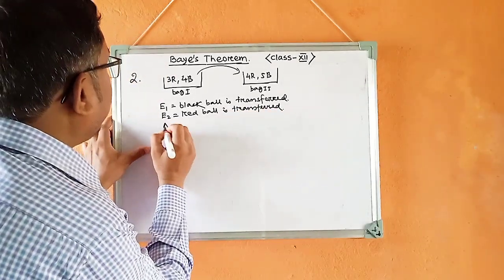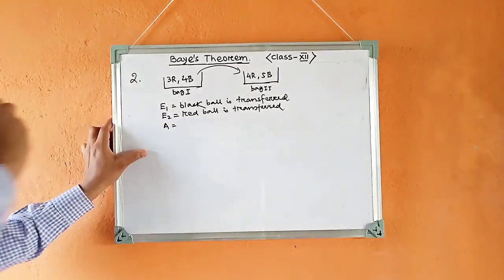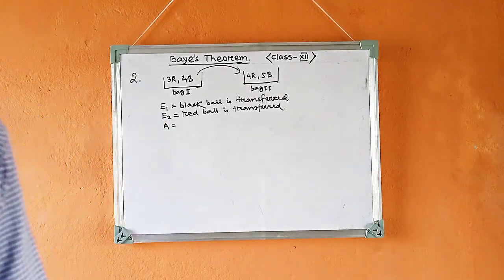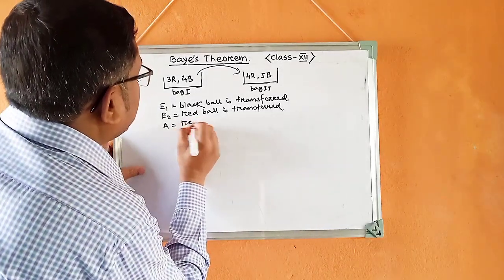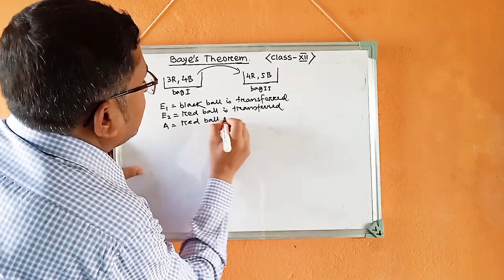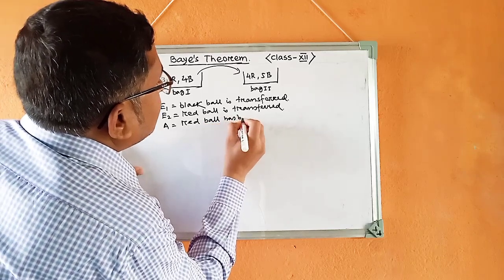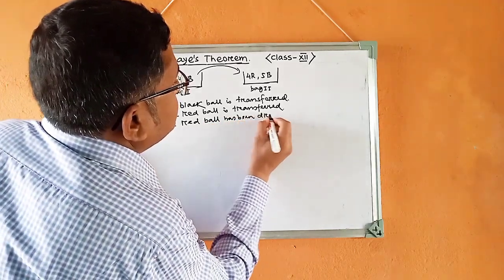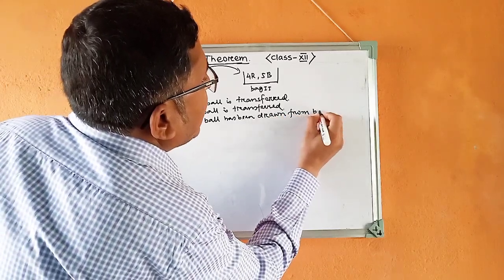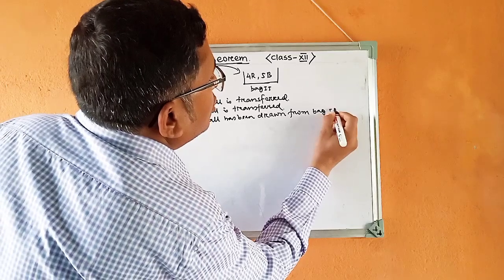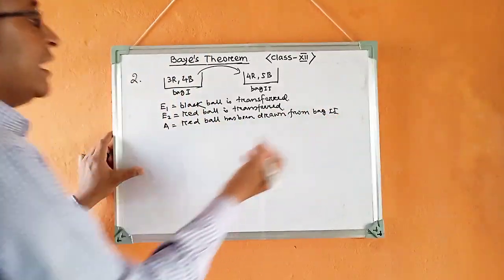And A is the event that a red ball has been drawn from bag 2. Now clear?